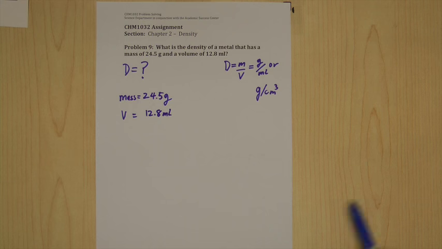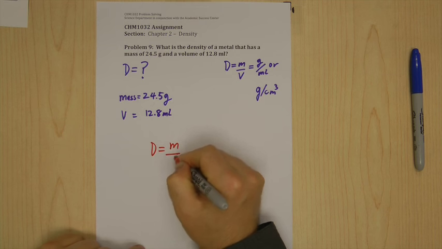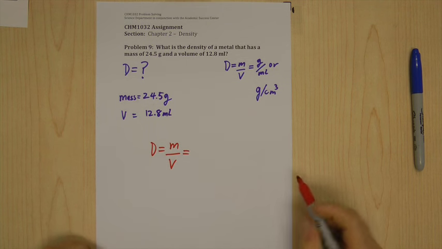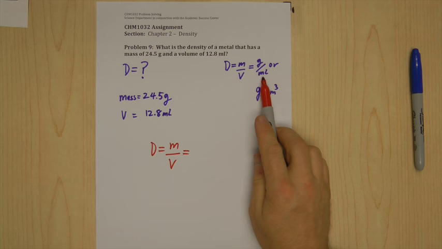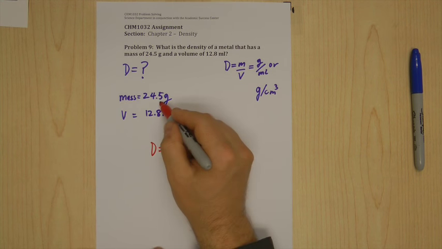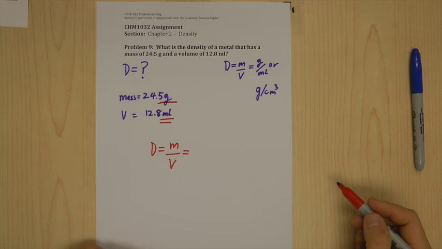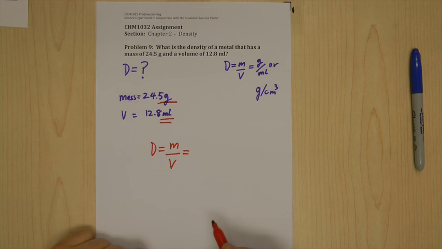Now, I know, because I have the formula, that density is mass over volume. I also know the units should be grams over milliliters. So here I have a measurement in grams, and here I have it in milliliters. So this seems like a pretty straightforward little question.